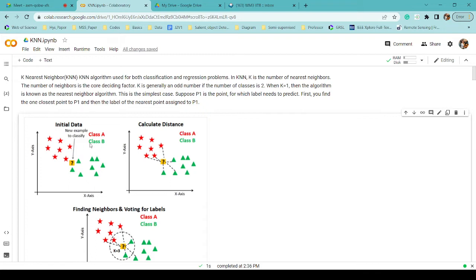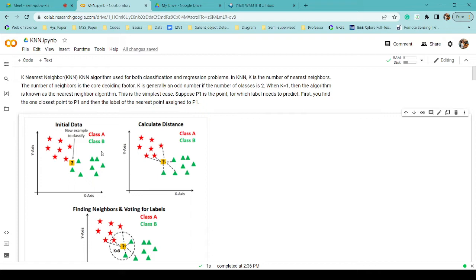Consider this red one as class A and the green triangle as class B. Now suppose we have a sample and we don't know which class it will belong to. With KNN, we try to calculate with the nearest neighbors, and the term k tells the number of nearest neighbors.